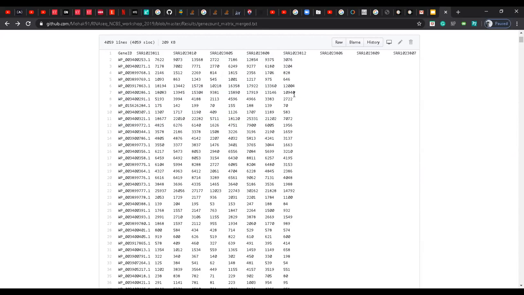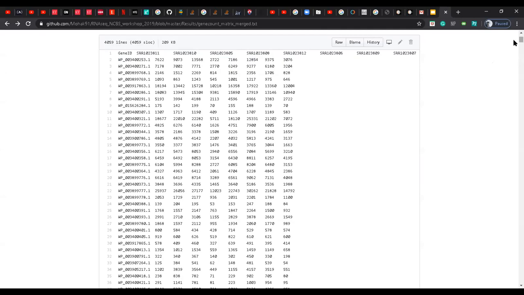We are going to generate this matrix where each row is one gene. So what this first row means is that the gene ID WP003400253, which usually is a DNA A gene, has 7,622 reads that mapped in this sample, then 9,073 reads that mapped in this sample, and so on and so forth.